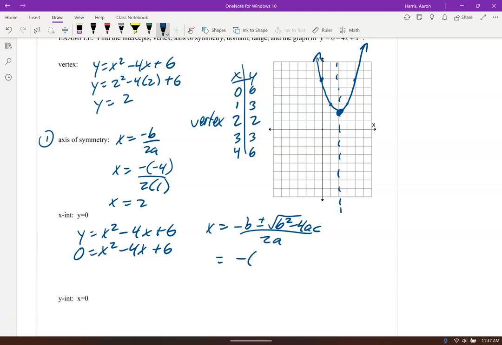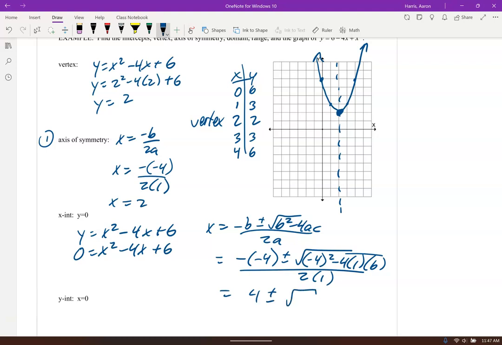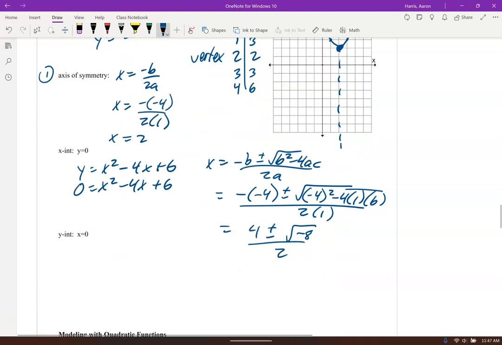So negative negative 4 plus or minus the square root of b squared minus 4 times a times c, all over 2 times a. And notice I've got 16 minus 24. That's the square root of negative 8. So this is 4 plus or minus 2i root 2, all over 2. In other words, 2 plus or minus i root 2.